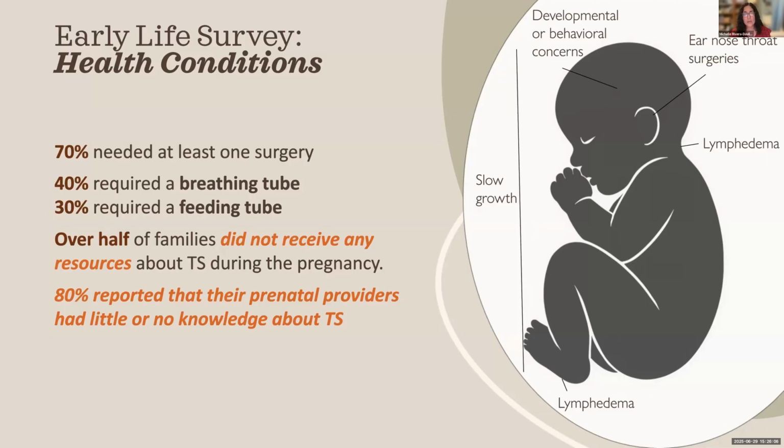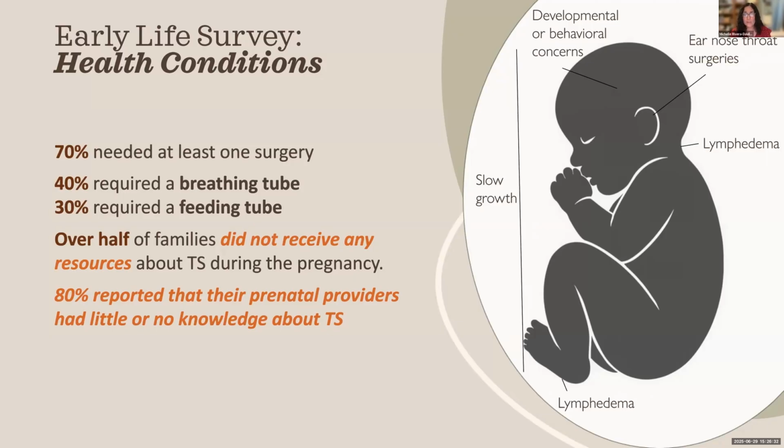Many, about 40%, required a breathing tube at birth. Another 30% required a feeding tube. And then the parents often felt unprepared for these challenges. Over half of the study participants indicated that they received no resources about Turner syndrome prior to the delivery of the baby.